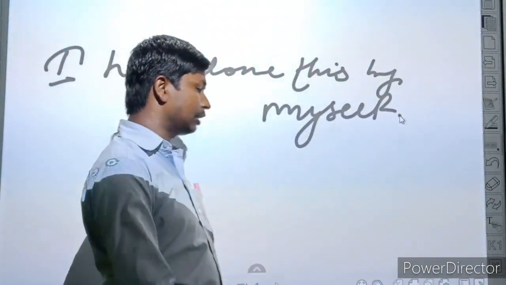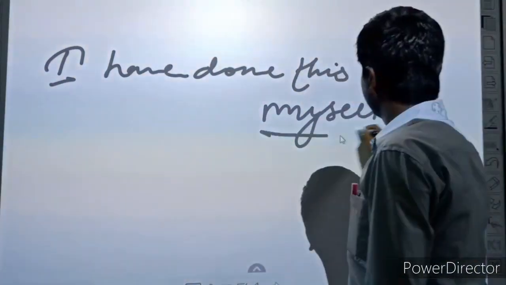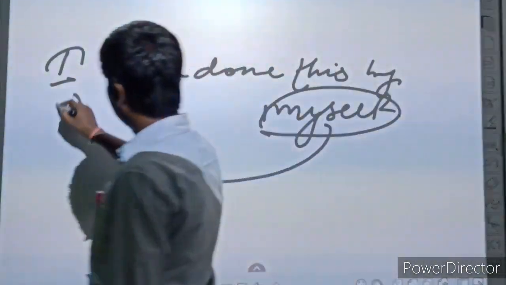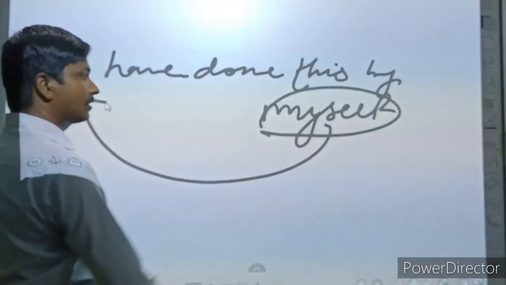It means the subject is forcing on itself the verb that reflects on the subject. This word reflects on the subject itself, and that is why it is called a reflexive pronoun.